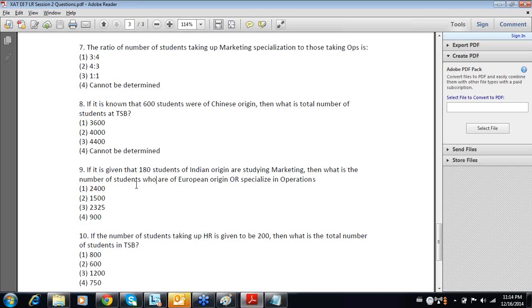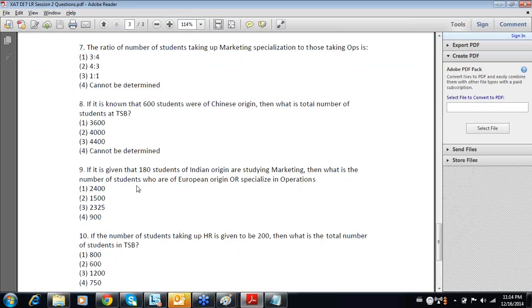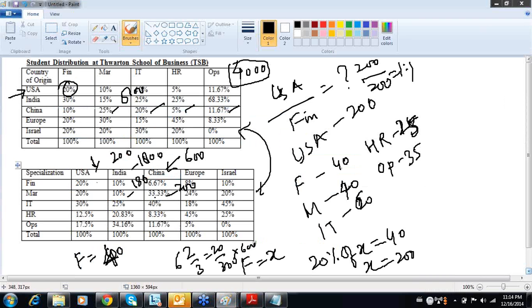Now it is saying what is the number of students of European origin or specialize in OR.